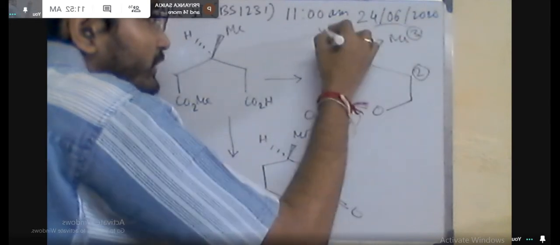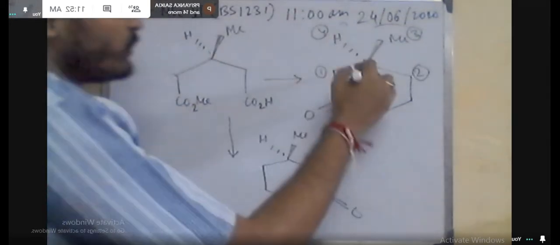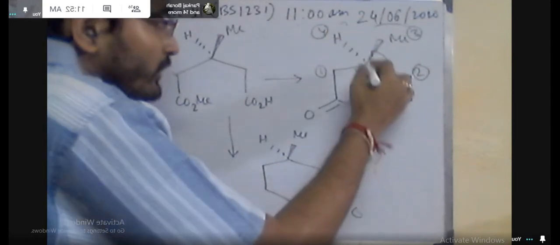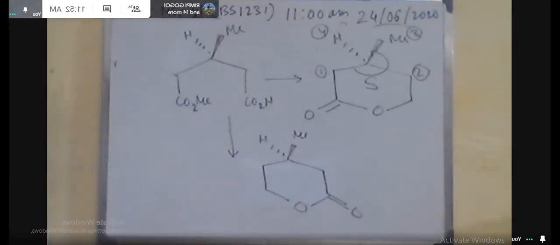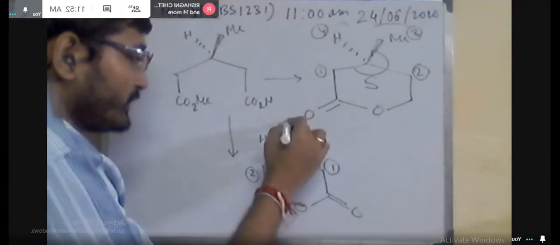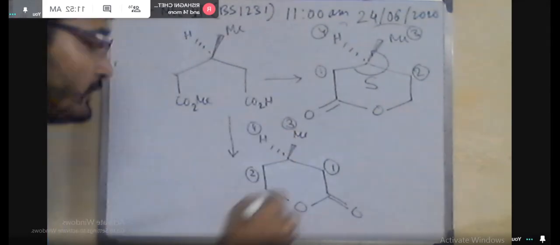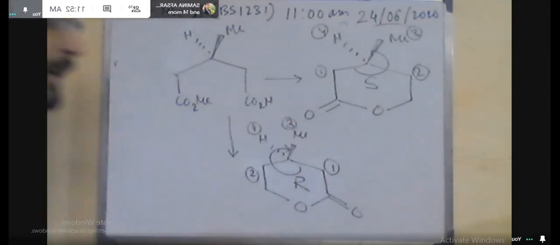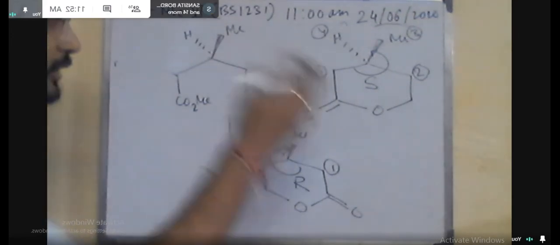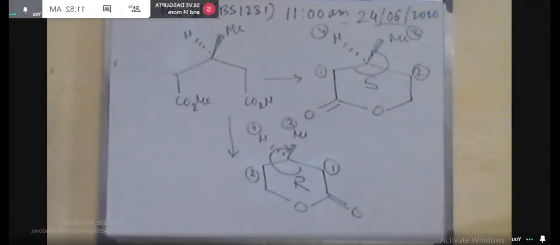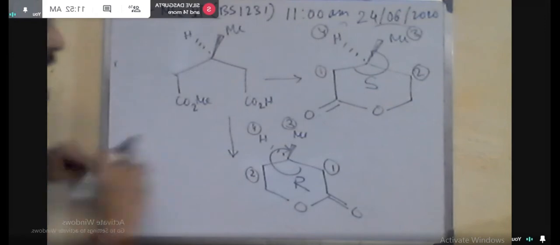Now after formation of this, you know the trans-esterification reaction. I have shown this in the real classroom. That means this is the electrophilic center and this is the nucleophilic one, and this can act as a leaving group. So it will attack here and can form OMe, O minus, plus.